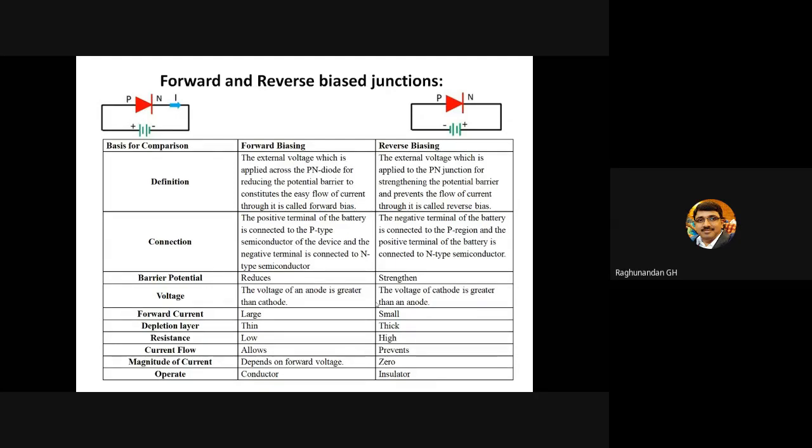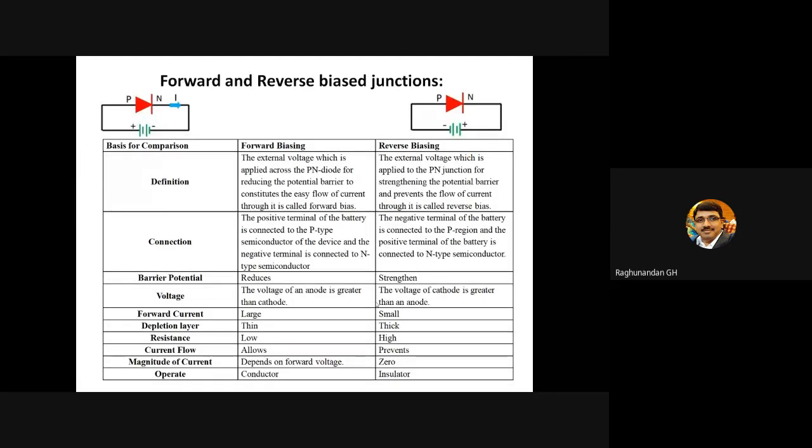In this part, PN junction, the first topic is the forward and reverse bias junction. For your convenience, I have given it in the form of a table. It is not given as a table in the textbook; it is given paragraph-wise and they have mixed up everything. So just for your convenience, while studying and also while writing in the examination, you should have some clarity.